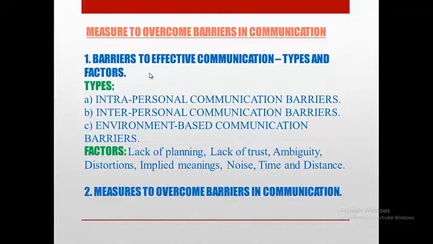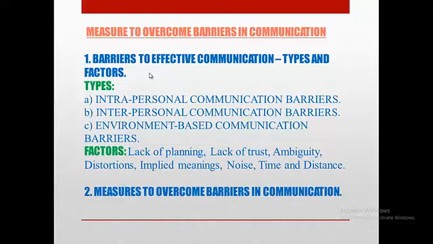Number two, interpersonal communication barrier. These factors are present outside an individual's own self, in the external environment between the sender and the receiver of the message, and are relatively outside the individual's control.